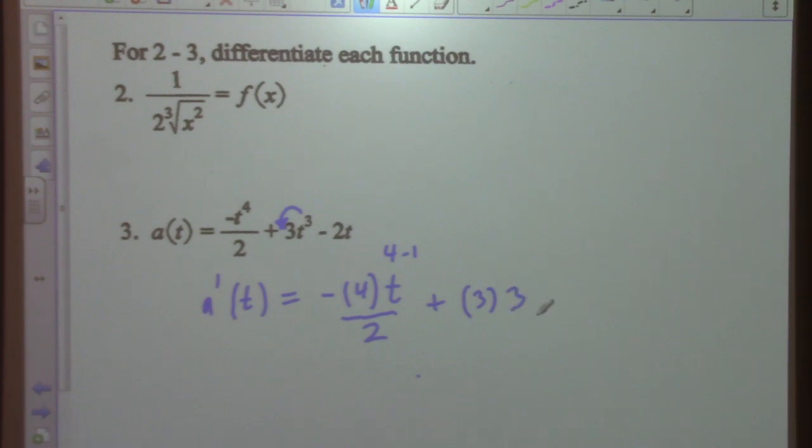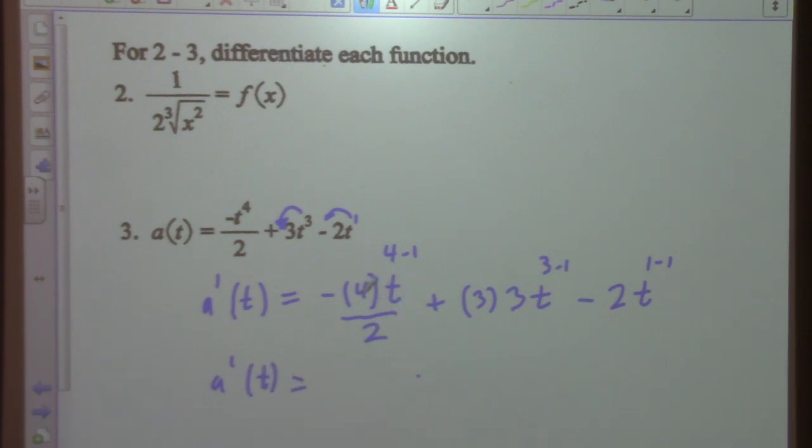Times 3t to the power of 3 minus 1. And then the last one we have is minus, now we have t to the power of 1. So there's nothing needed there. 2t to the 1 minus 1. And then we can simplify everything out.